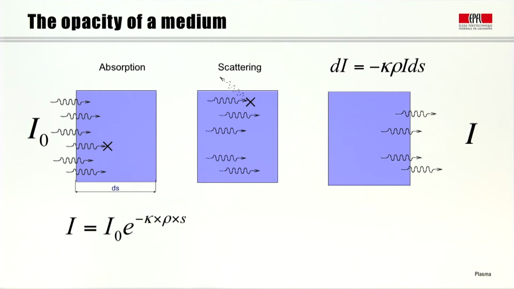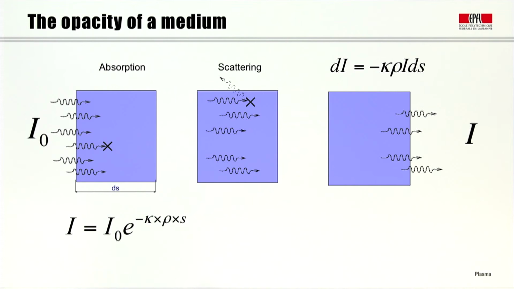Where is the problem? We have assumed that a photon that is generated in the center of the Sun will free fly to the surface. However, the medium, the plasma, which the Sun is made of, is not transparent. It is opaque. Therefore, the answer is in the opacity of the medium.